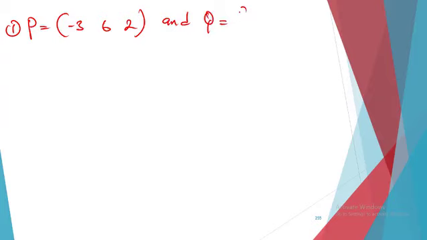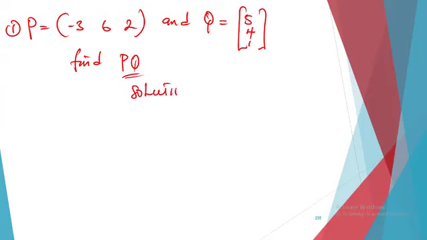Number 1, if P is equal to -3, 6, and 2, and Q is equal to 5, 4, 1, find PQ. This is very simple. Solution.